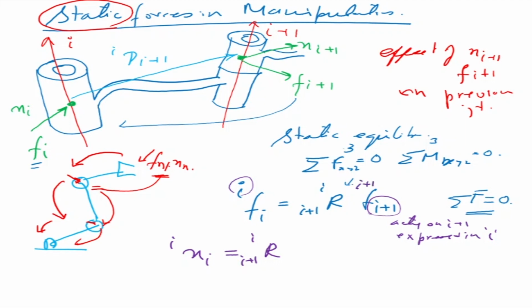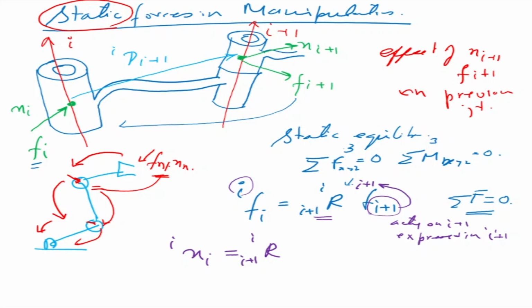Sorry, let me just repeat what I said. What it basically means is the force acting on the i plus 1th frame, expressed in the i plus 1th frame. So I'm multiplying this with the rotation matrix, and then it is getting converted to the ith frame. So I'm doing the sum on the ith frame. I'm taking the forces on the i plus 1th frame, multiplying with the rotation matrix and coming here.